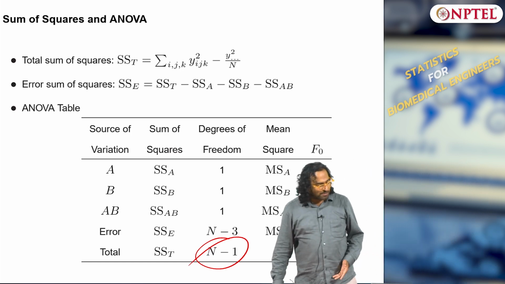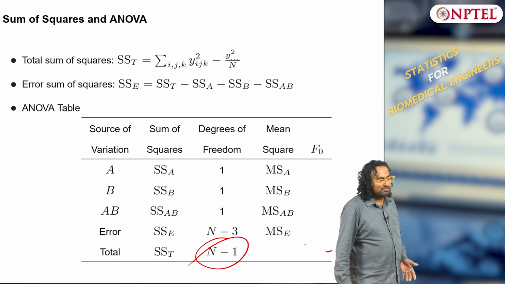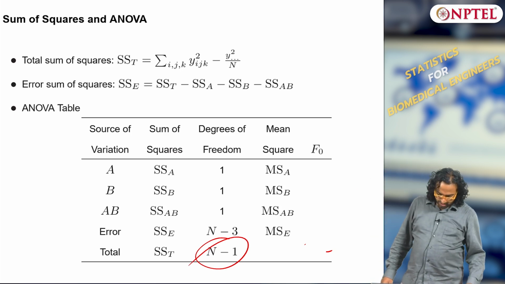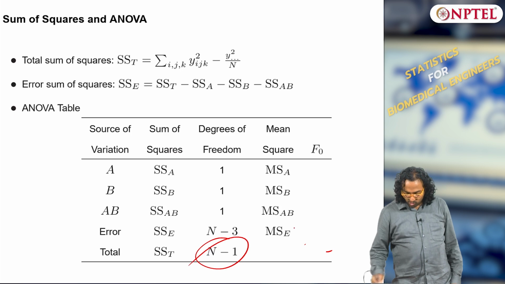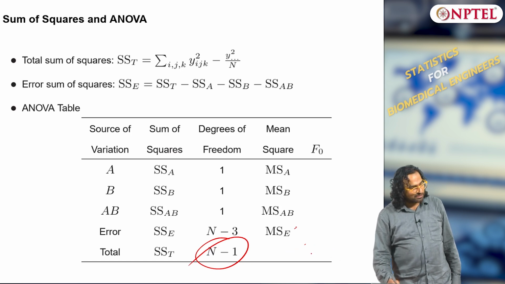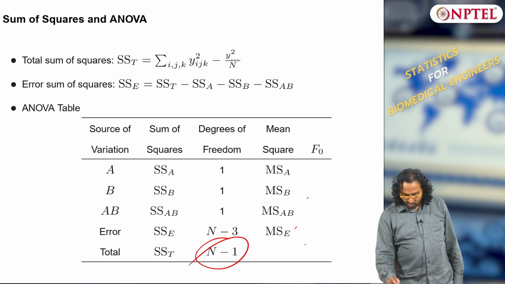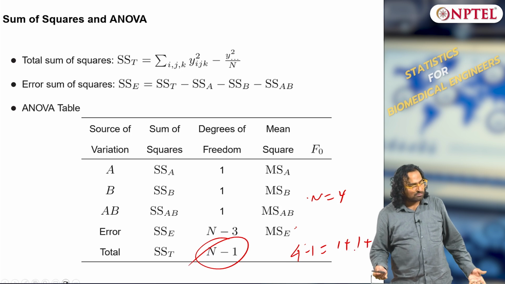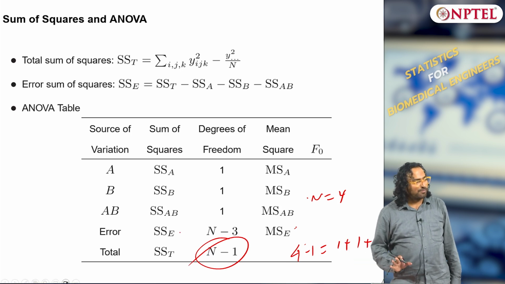If you do not do replications you will not have degrees of freedom at all, keep that in mind. If there is no replication and n equals 4, then 4 minus 1 equals 1 plus 1 plus 1, so you will not have degrees of freedom for error.